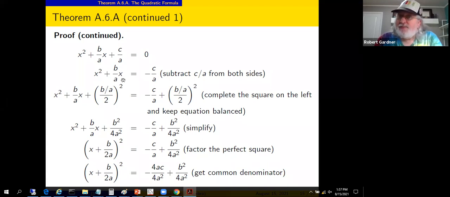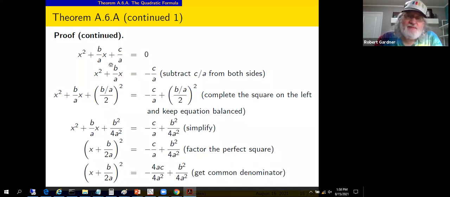Unfortunately, they use a symbol b there. We've got a b here, but it plays a different role. To complete the square in x squared plus something x, add something divided by 2, squared. Previously, the something was a b. This time, the something is b divided by a.